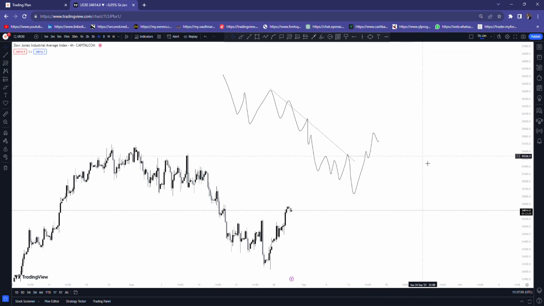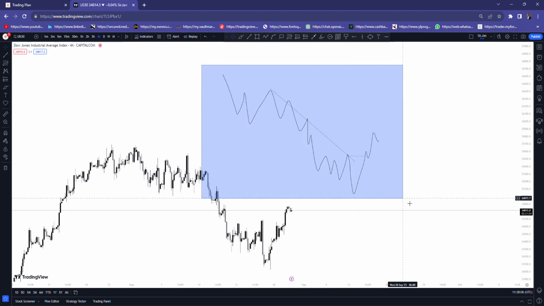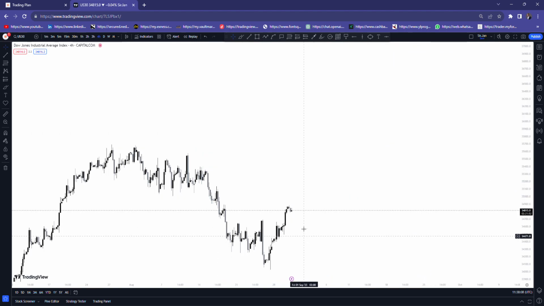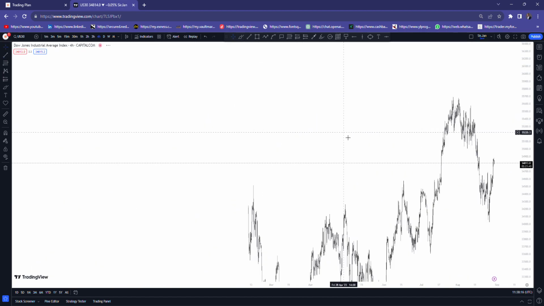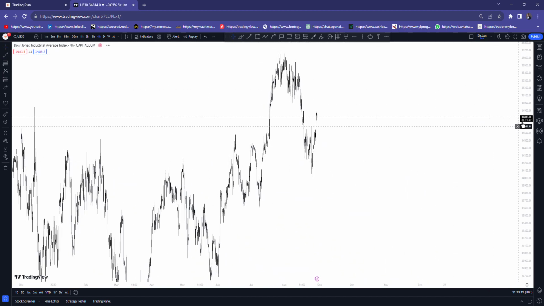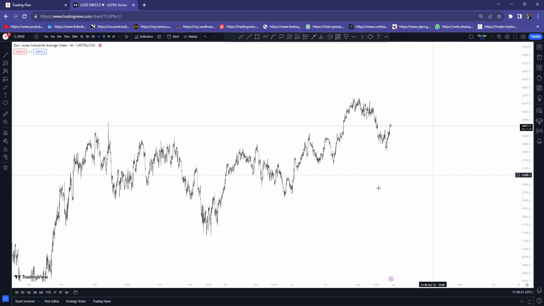So it shows that now we're getting into a new momentum of a bullish movement. Let's look into it. We can see that we were actually on a long, very bullish momentum anyway.